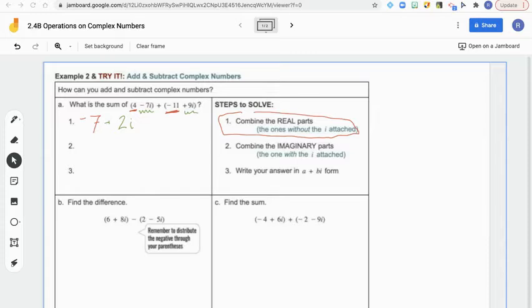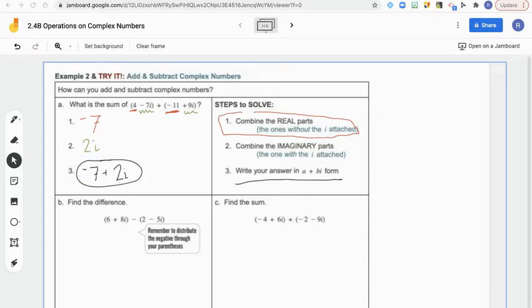Okay, really what I should have done is I should have written that down on this next line here. So this will be 2i. Those are my imaginary parts put together. And my final step is to make sure that I write it in that a plus bi form. We always want our real number first plus our imaginary part. And so then that is our final answer.